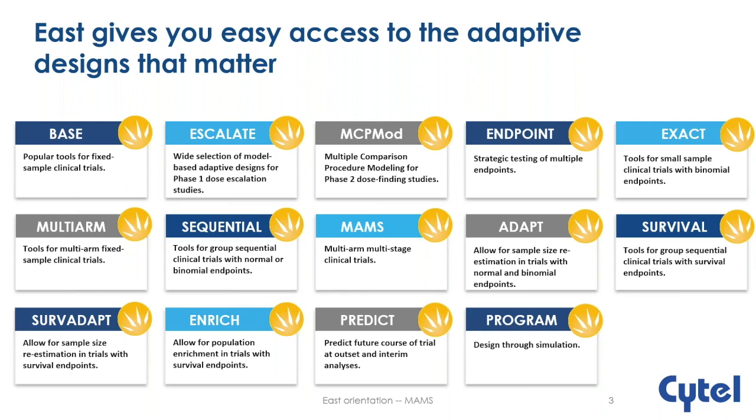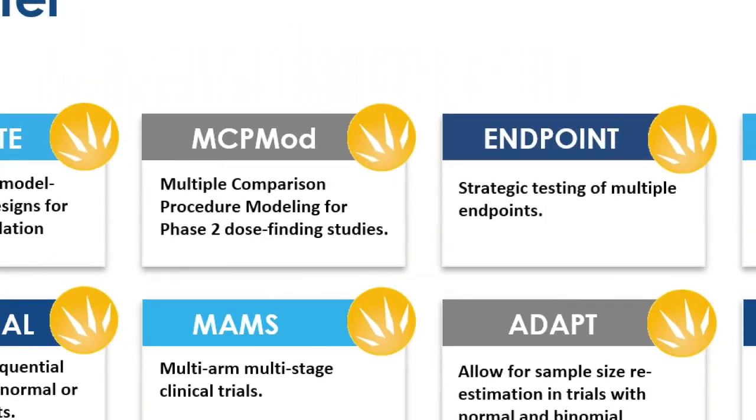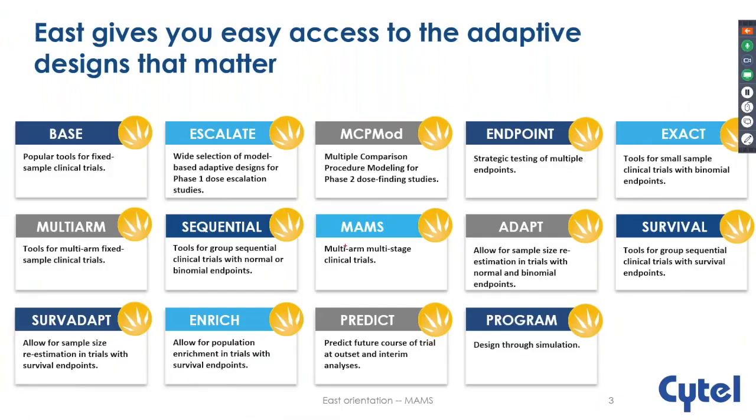It started in the late 80s with a version that would cover the design of group sequential studies, which is covered currently in the sequential module, for normal, binomial and time to event endpoints. It then expanded to include several adaptive features with the use of the adapt and the survadapt module.